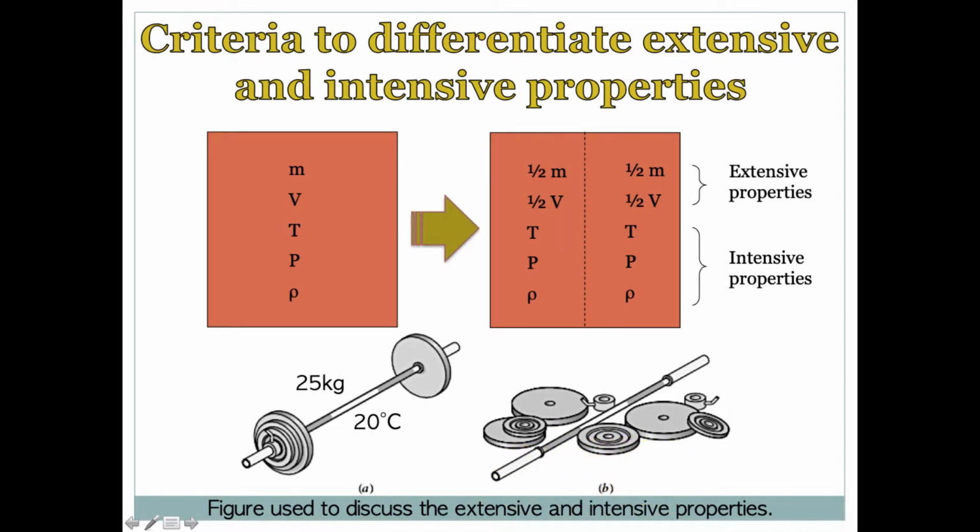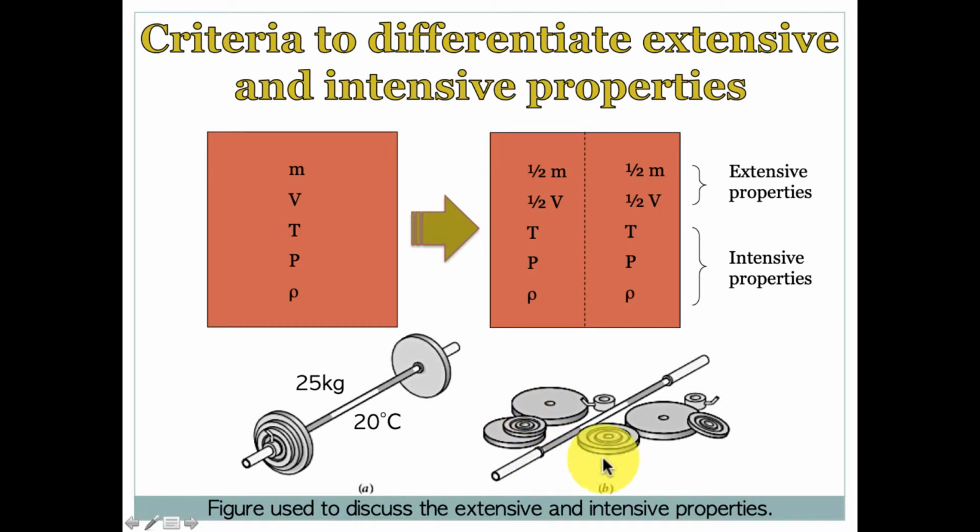However, on the contrary, the temperature of the whole is not the sum of the temperatures of the parts. It is the same for each part. For example, the temperature of this barbell and weight plates placed in the room is 20 degrees Celsius. But for B, it's not the same.